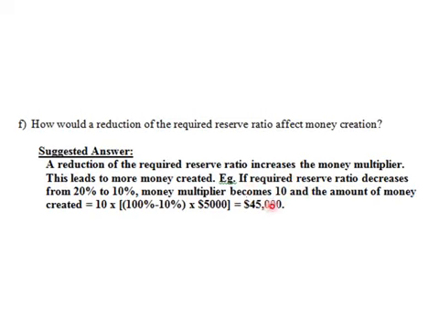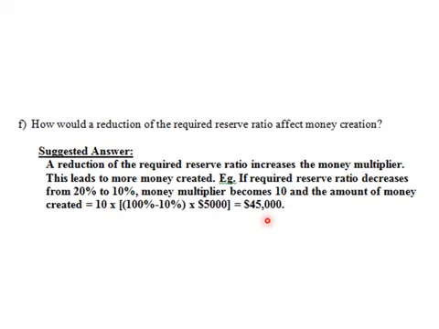K is the letter that we use to denote your multiplier. So your multiplier becomes 10 times when we use the formula 1 over 0.1, 1 over triple R. And when we use the formula 10 times your initial excess reserve, the money that you create goes up to $45,000.